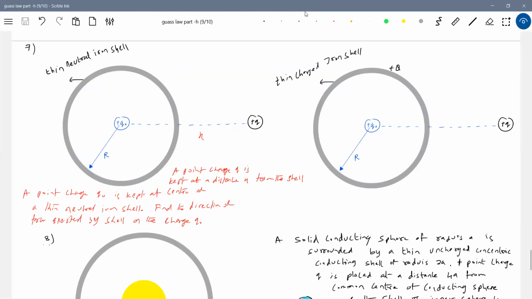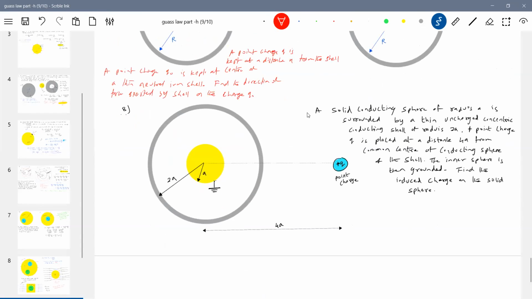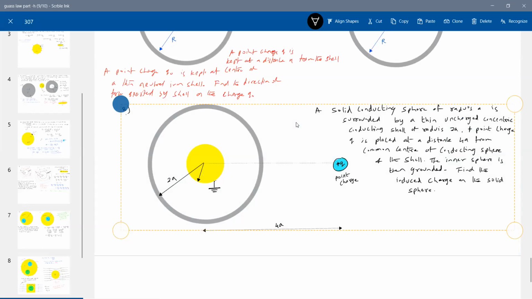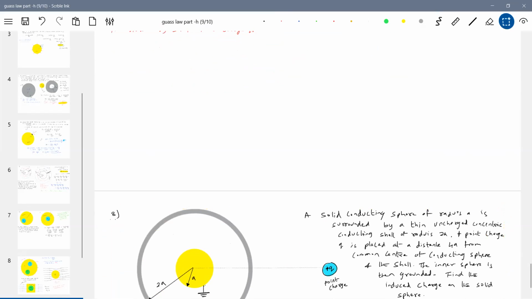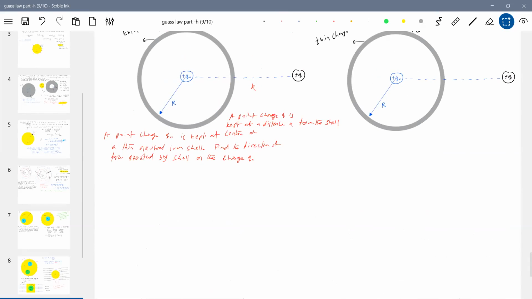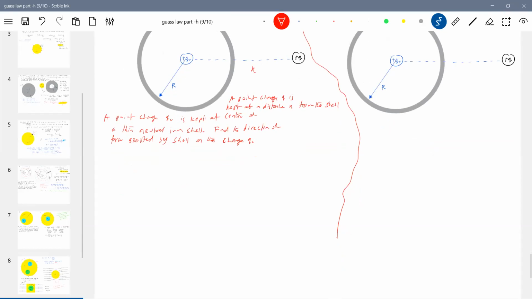So altogether, what will be the charge distribution? I think you need one more. Oh, I dumped everything in one page. Okay, I'll do one thing, we'll shift all these terms. We'll divide this page into two parts.